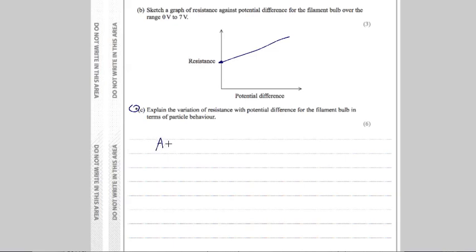As the voltage across the wire increases, well, what's voltage? That's energy per unit charge. So we're pumping more energy in. Electrons have more energy. Or they have a higher velocity, higher drift velocity.